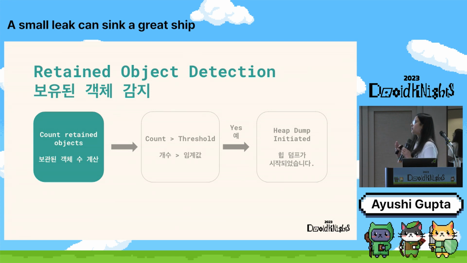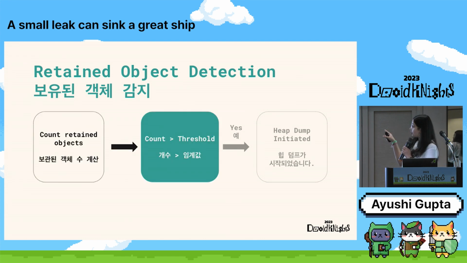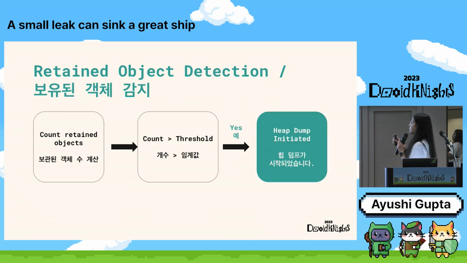It actually does a bit of analysis here. The threshold is 5 when your app is in the foreground, and when your app goes to the background, that threshold is automatically set to 1. As soon as the count crosses the threshold, it initiates the heap dump.